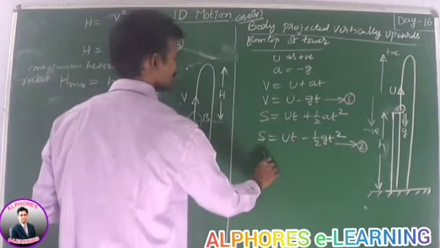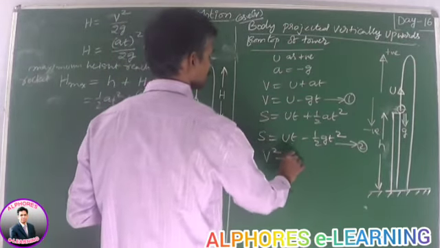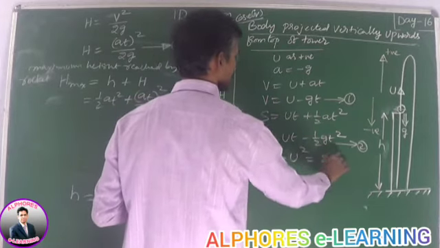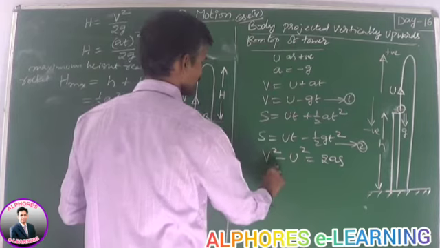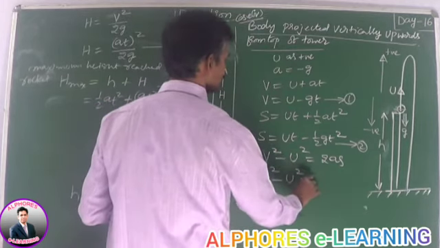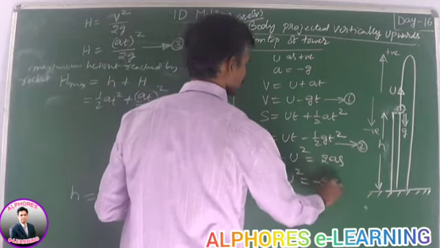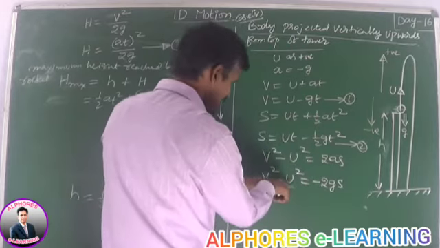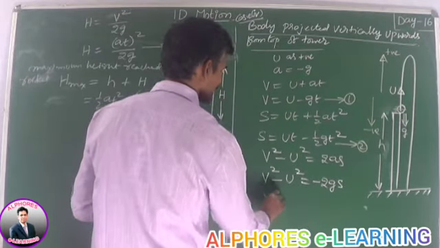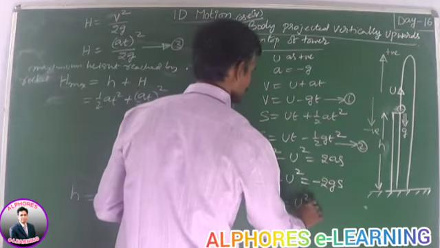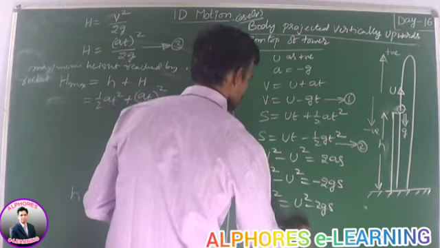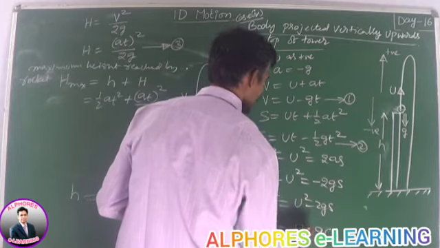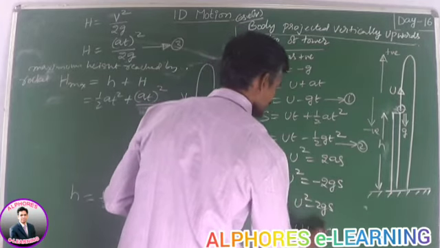I am using the third equation, that is v square minus u square is equal to 2as. Here our u is positive, so I can write it as v square minus u square is equal to minus 2gs. So taking this to the right side, you get v square is equal to u square minus 2gs, and Sn, this is u plus a into n minus half.